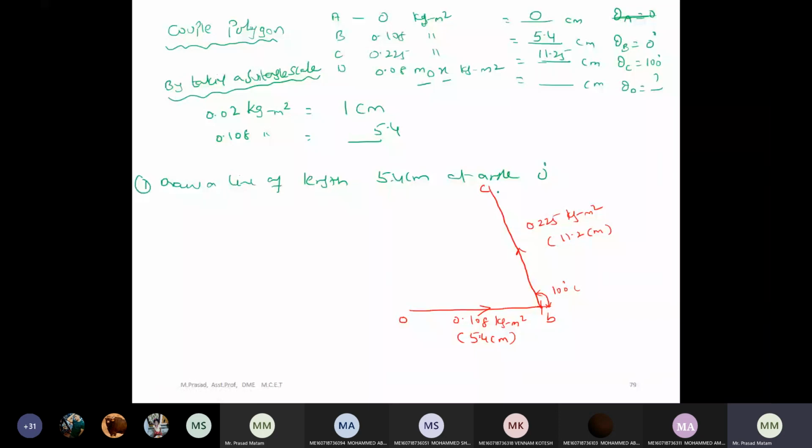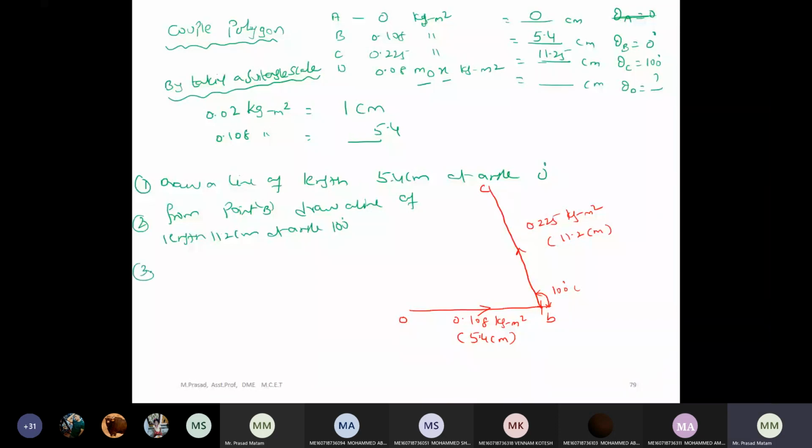Draw a line of length 5.4 centimeter, 0 degrees. Second, from point B, draw a line of length 11.25 centimeter at an angle of 100 degrees.